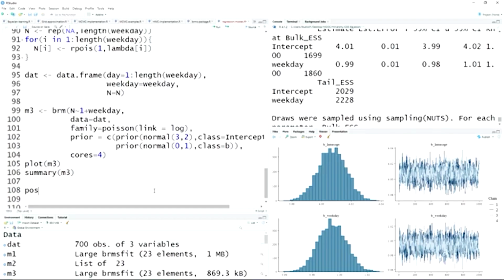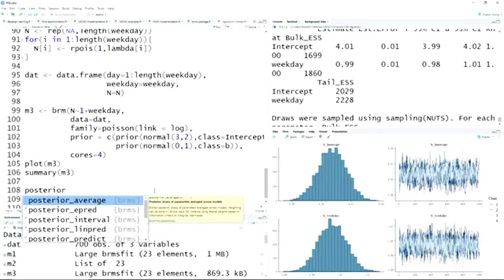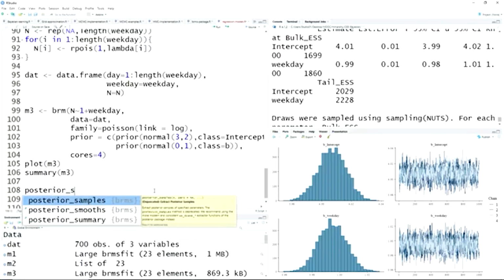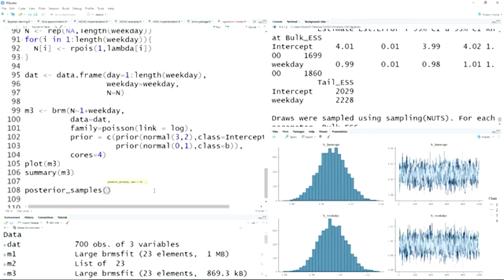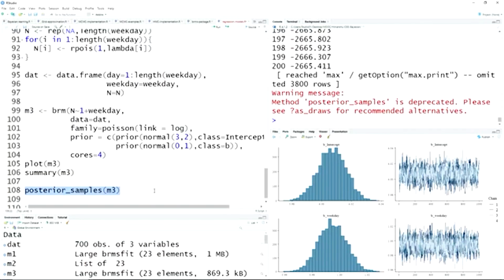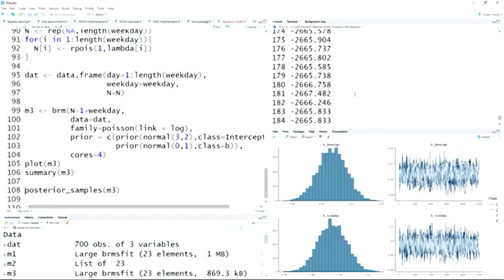Basically, you can get posterior samples. So for your model M3, you can retrieve posterior samples from M3. And what posterior samples are you interested in?